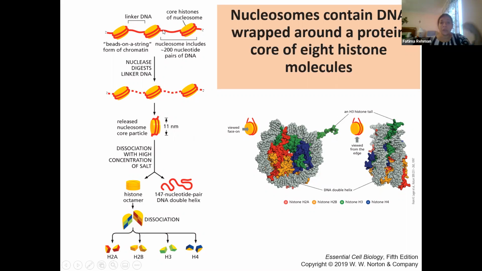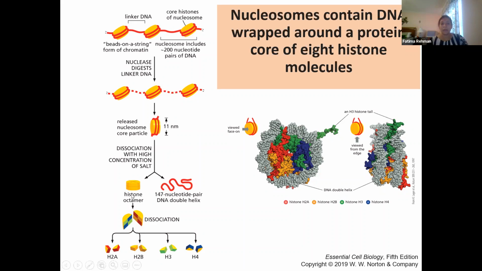However, if we use a nuclease to digest this in-between linker and just take the DNA that's wrapped around the nucleosome, because the nucleosome is protected from getting digested by these nucleases, you will end up with a fragment of DNA that's 147 nucleotides in length. So each histone octamer essentially wraps about 147 nucleotides of DNA.